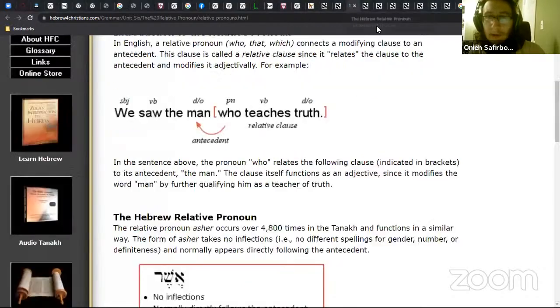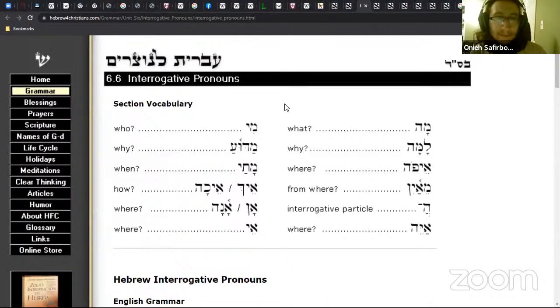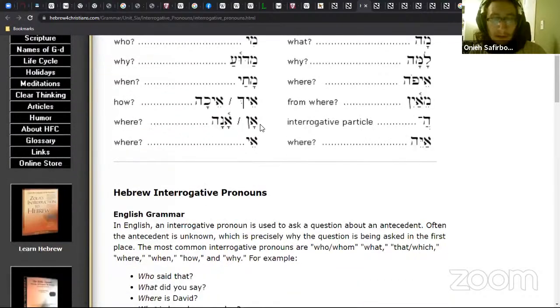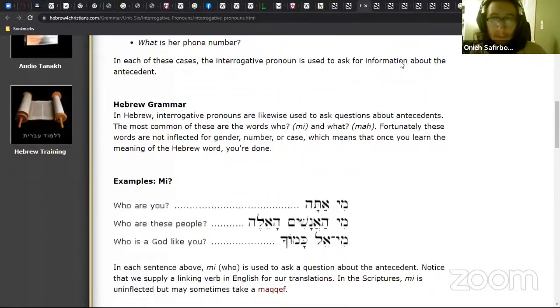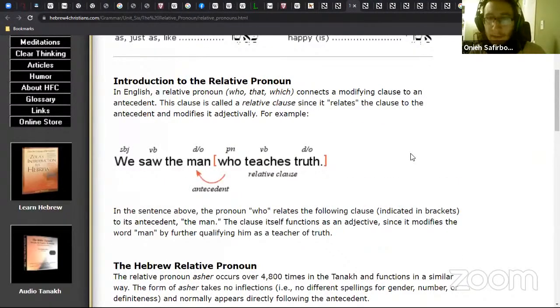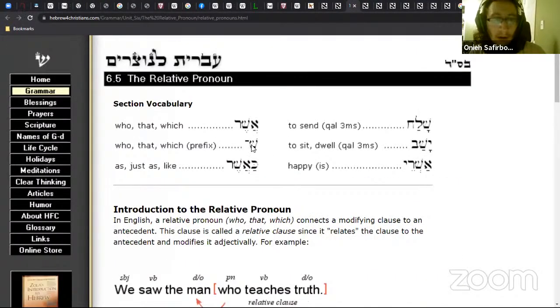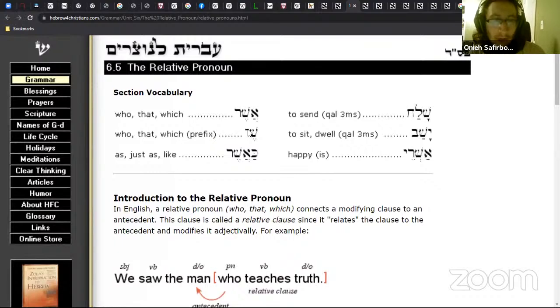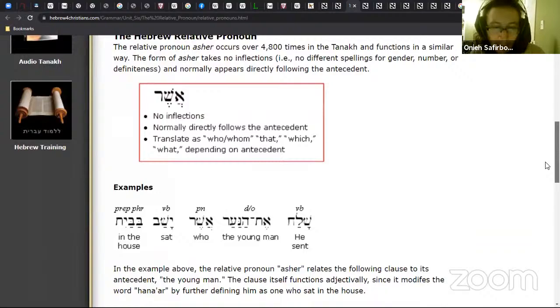And then we've got some, hold on. You just go to the top of the page. Okay. Oh yeah. So also you can prefix just the letter shin to a word. Did they give an example like that?